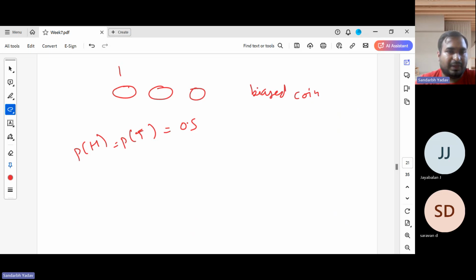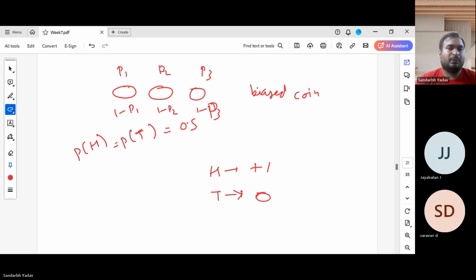Suppose the probability of head is P1, P2, and P3. Then the probability of tail will be 1 minus P1, 1 minus P2, and 1 minus P3. The aim of the game is to get as many heads as possible. If we get a head, we get a reward of +1. If we get a tail, we get a reward of 0.